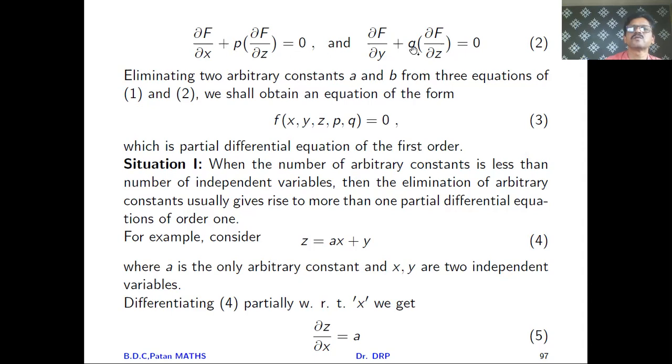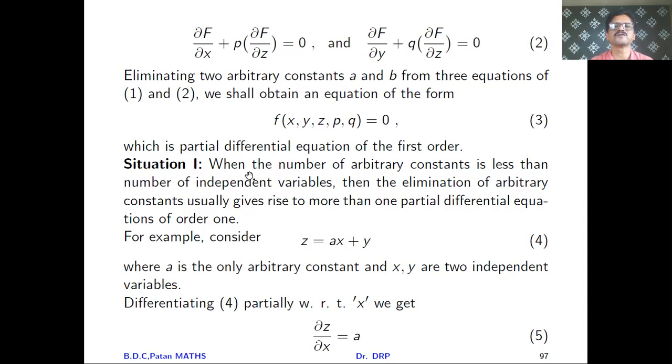So put these values of p and q in equation 1. Eliminating a and b, you will get p equal to a, and from this you will get q equal to b. That means you replace a by p and b by q, and it gives what we call the partial differential equation of first order.